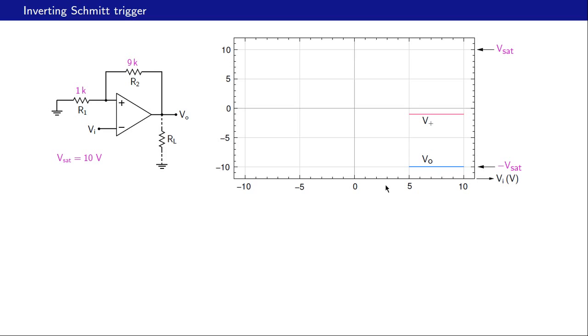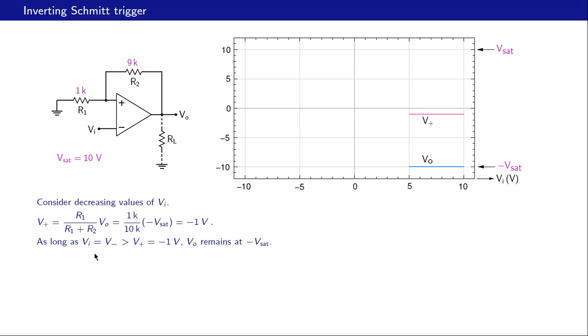Okay, so we have got this part of the Vo versus Vi relationship, and now let us consider decreasing Vi. So that means we are going in that direction, and V plus, as we have seen, is Vo times R1 by R1 plus R2, and since Vo is minus Vsat, V plus is minus 1 volt, and that is what we have shown here as well.